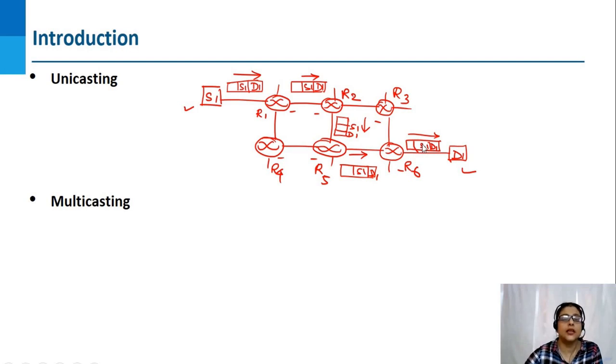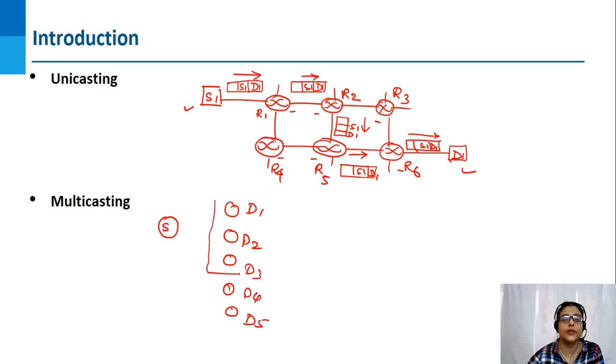In multicasting, there is a single source, and suppose there are many destinations, let's say D1, D2, D3, D4, D5, which are connected. Now we can create a group of, let's say, 3 destinations and can create a multicast group.